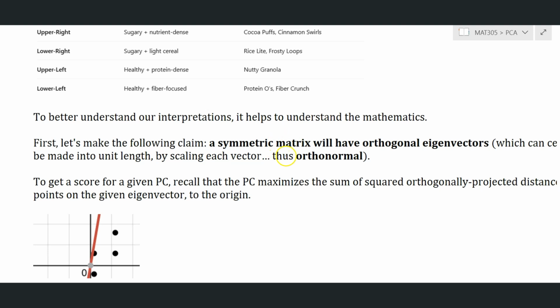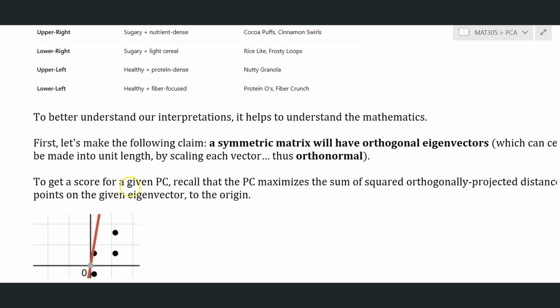If we went back up and looked at those matrices, we would see that they are symmetric. And a symmetric matrix will have orthogonal eigenvectors, which, by the way, we can make into orthonormal just by, because remember, we can scale an eigenvector by any non-zero constant and it's still a valid eigenvector. Okay, and so with that said, that's a very important piece of information that will help us.